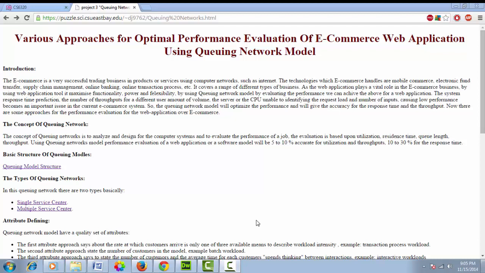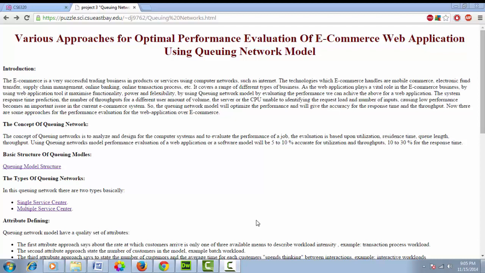What role does a web application play in e-commerce? Well, a web application plays a vital role in e-commerce business. By using a web application tool, it maximizes the functionality, power and flexibility of an e-commerce application. So I'm going to use a tool with a model called queuing network model.